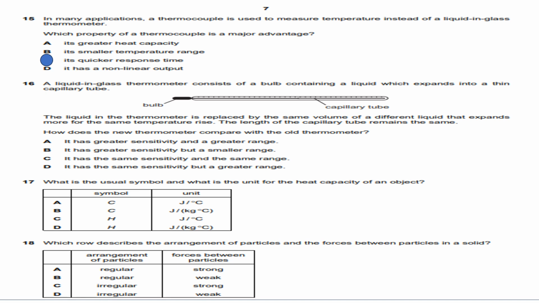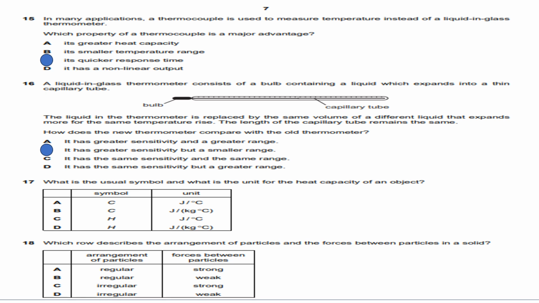How does the new thermometer compare with the old thermometer? It has greater sensitivity and a greater range. It has greater sensitivity but a smaller range. It has the same sensitivity and same range. So it has the greater sensitivity but a smaller range.